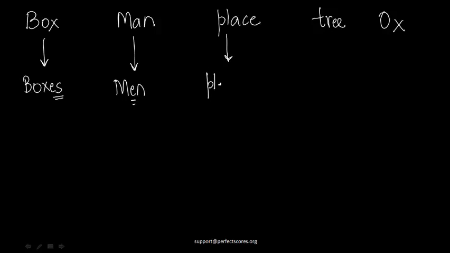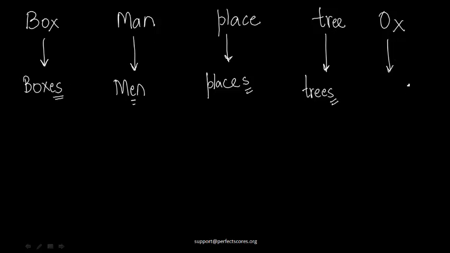From place, you get the word places. So all we've done is add an S. And from the word tree, we get the word trees. Again, all that we've done is add an S. From this word ox, however, we will not be following what we followed for boxes.